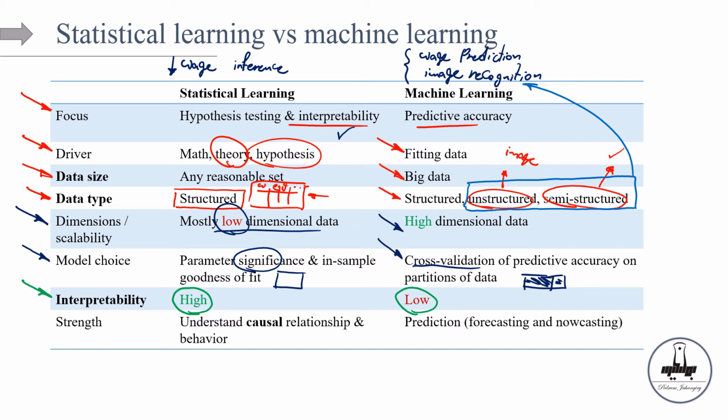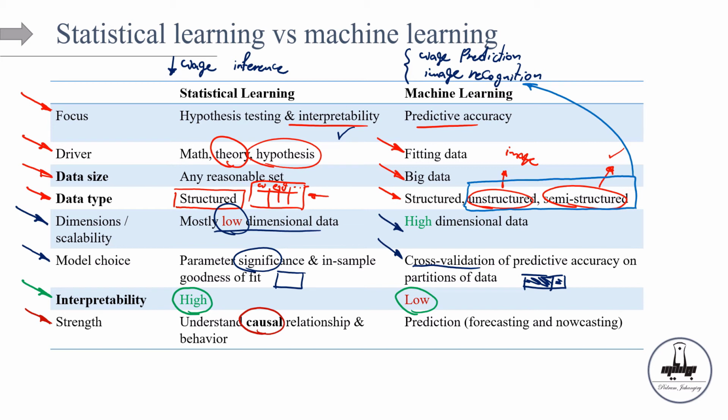And then finally, let's look at the strength point of each of these models. For the statistical learning model, the model hopefully understands the causal relationship and behavior. I say hopefully because correlation does not necessarily mean causation. So we have to make a bunch of assumptions, and if all those assumptions are valid, then we can think of it as causality versus correlation.